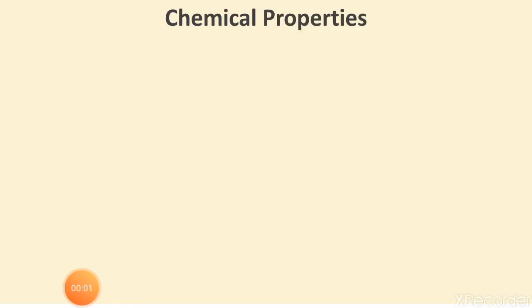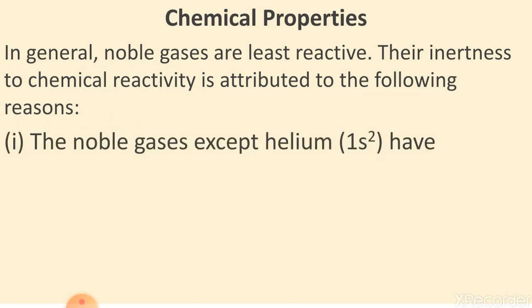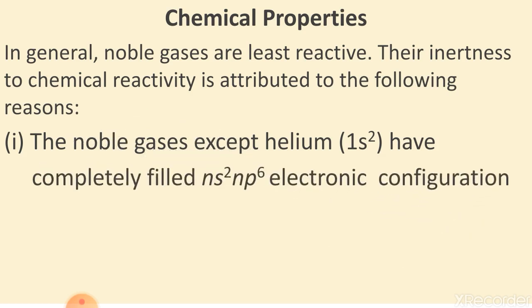Now let us focus on the chemical properties. This is also very important. In general, noble gases are least reactive. Their inertness to chemical reactivity is attributed to the following reasons. First, noble gases except helium, which has the 1s2 configuration, have completely filled ns2 np6 electronic configuration.